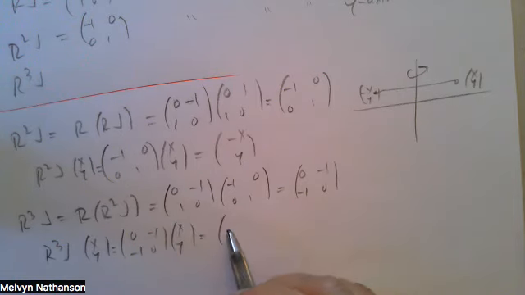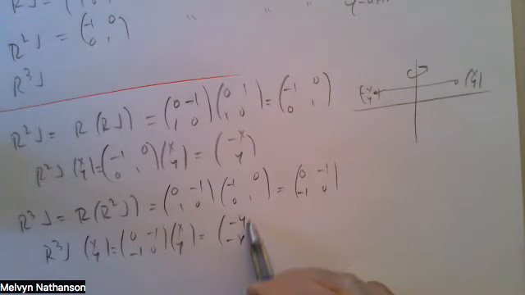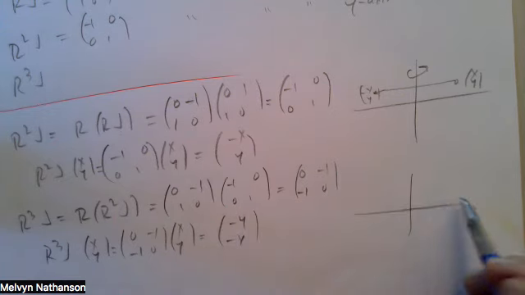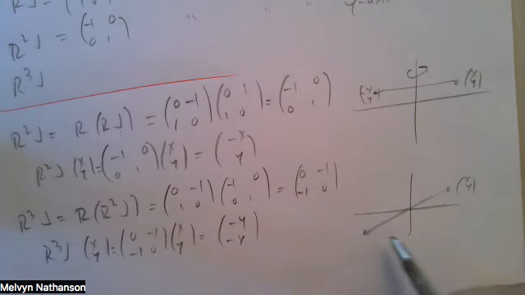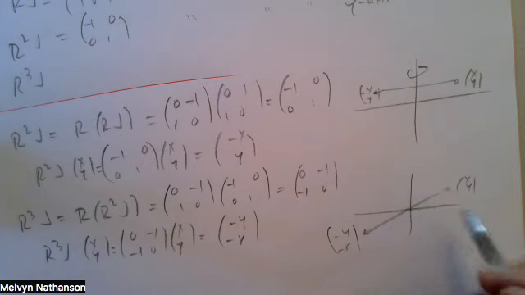That's equal to minus y, minus x. So if this is the vector xy, that gets sent to the vector minus y, minus x.